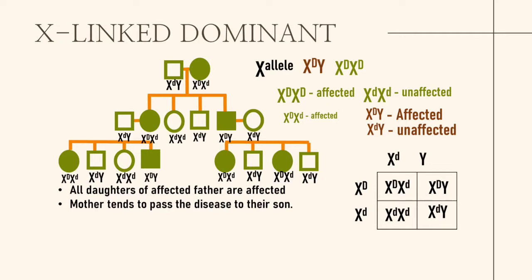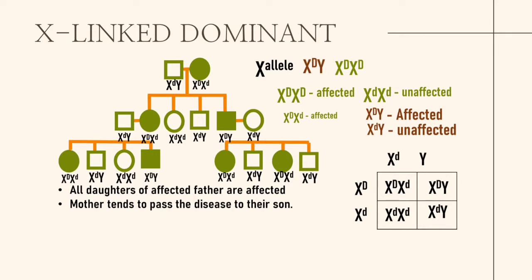Okay? So, the first child is affected daughter. Second child is unaffected daughter. Third child is unaffected son. And fourth child is affected son. Okay? So, yun nga. Check na natin.